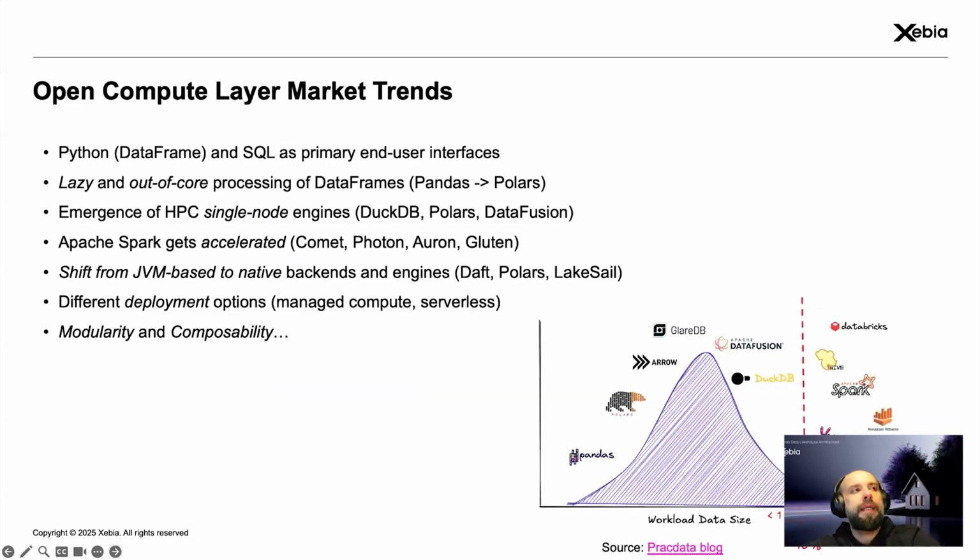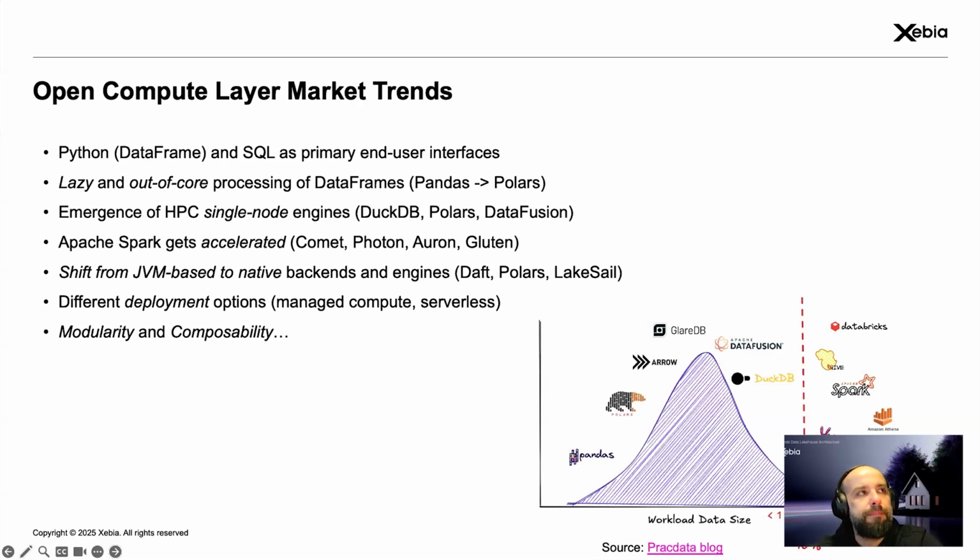When we zoom in and take a closer look at the compute layer market trends, we can easily observe a few. First of all, both Python and SQL seem to be the primary end-user interface, and you can no longer say that one of them is predominant. In our opinion, from the projects that we are delivering, most customers tend to use both, depending on the problem and the role that the given end user plays in the organization.